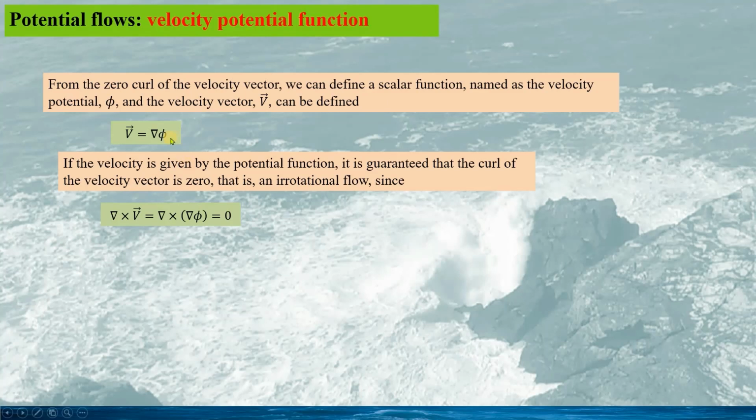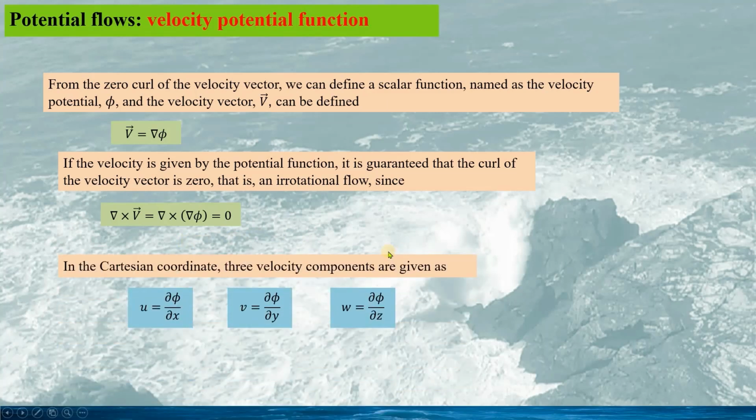And if we calculate the velocity vector from the velocity potential function, the curl of this velocity vector would be calculated as this, and we can see the curl of the velocity vector would be 0. This is the proof for the existence of the velocity potential function.